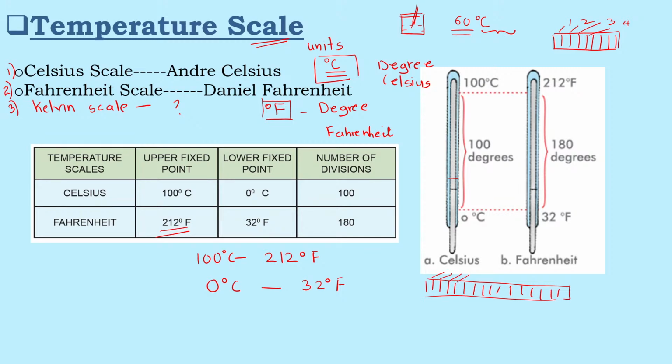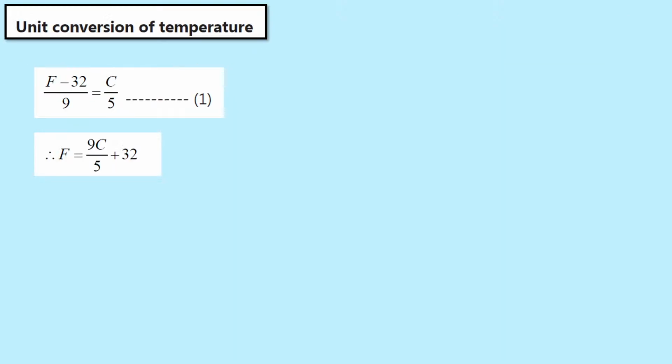Have you understood the difference between the Celsius and Fahrenheit scales? 100 degree Celsius means how much Fahrenheit? You can look at the table and tell. Yes, it is 212 degree Fahrenheit. And 0 degree Celsius means how much Fahrenheit? It is 32 degree Fahrenheit.